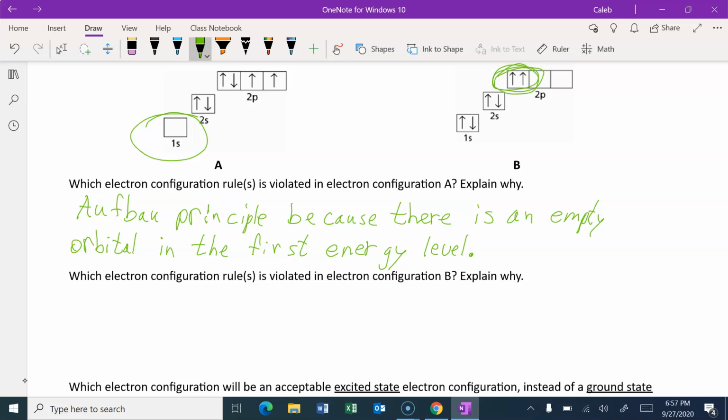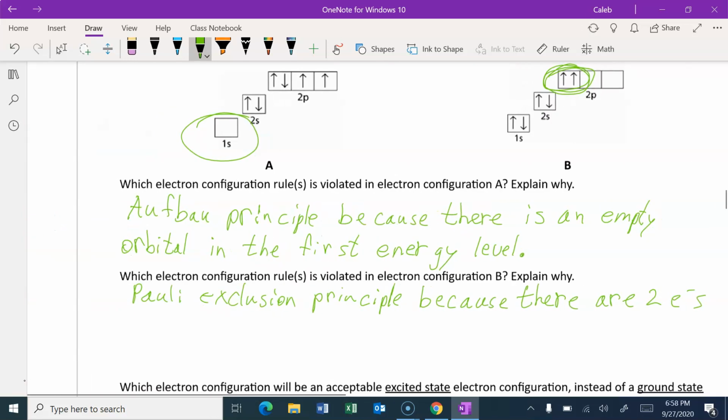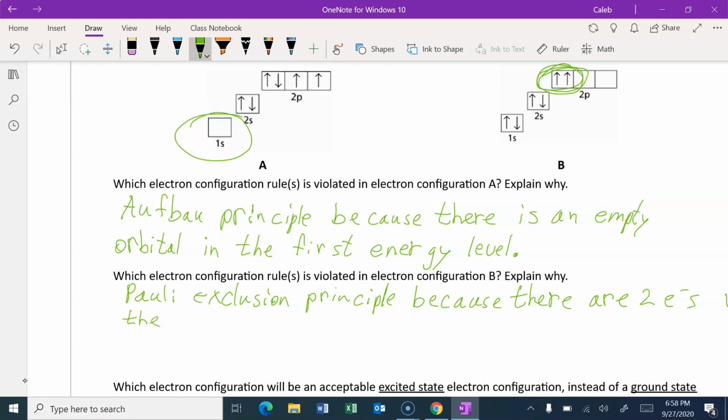That violates the Pauli exclusion principle, because there are two electrons with the same spin in the same orbital.